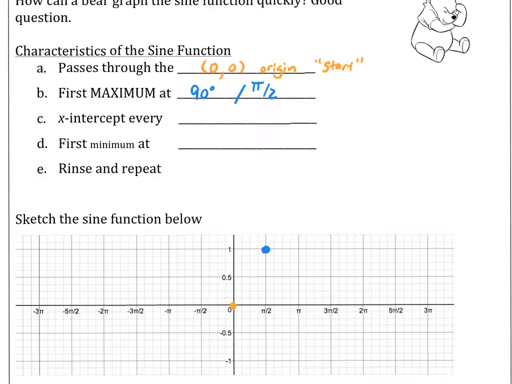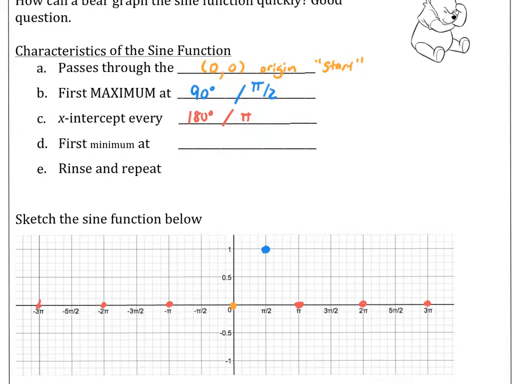Next, we can do x-intercepts, and we can just do them in terms of intervals. An x-intercept happens every 180 degrees, also known as every pi. So here's a pi, here's 2 pi, here's 3 pi, and it actually works going in the negative direction as well.